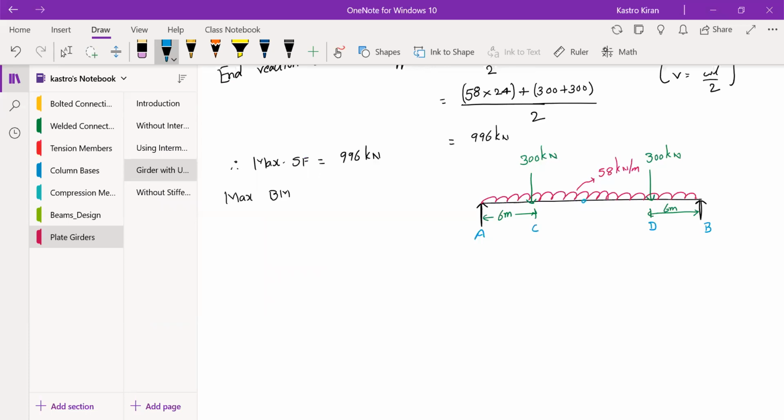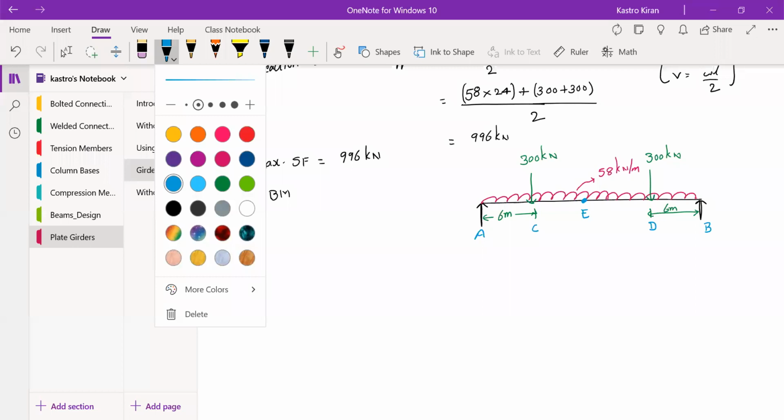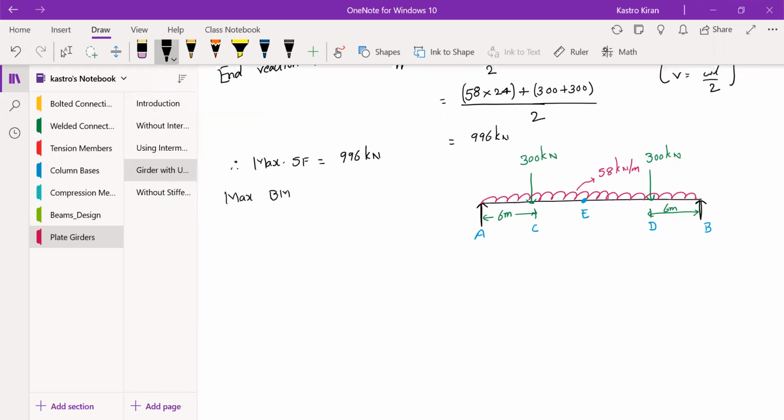Somewhere here you can note the center, which I am denoting with E. This is the point where the maximum bending moment occurs. Let us find out the maximum bending moment occurring at point E. The total span is 24 meters, which is given in the question.